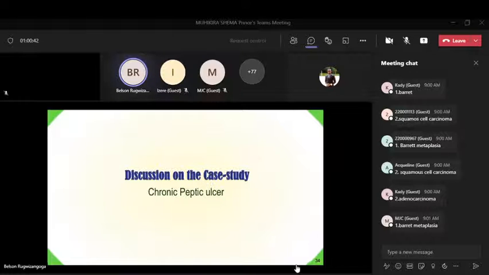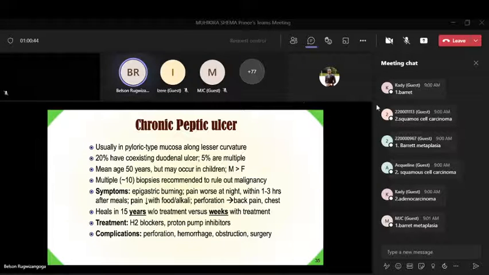Chronic peptic ulcer. It is usually in pyloric type mucosa along the lesser curvature. In most of the diseases affecting the stomach, cancer and ulcer, they usually happen on the antropyloric area, and especially on the lesser curvature, just on the side towards the liver.